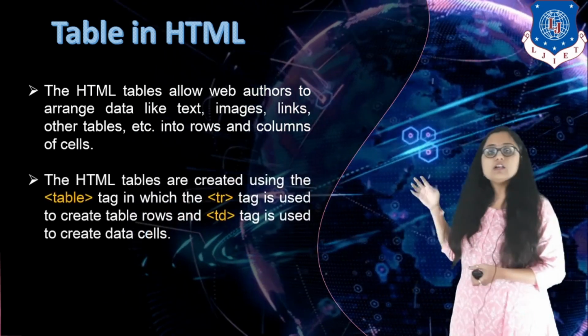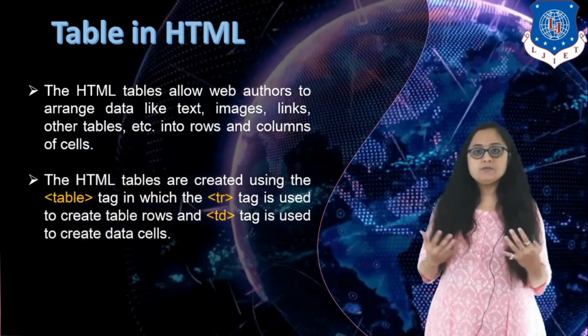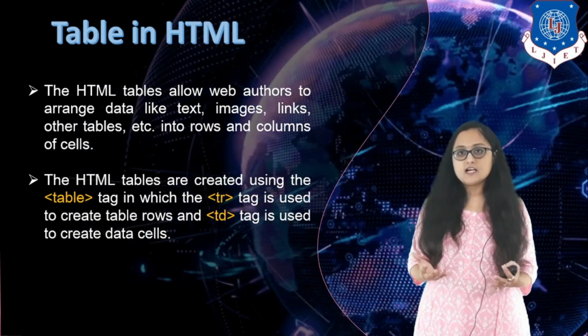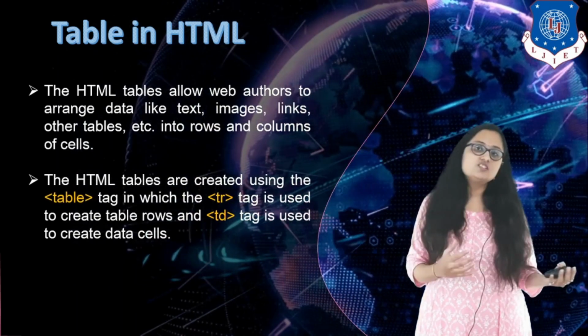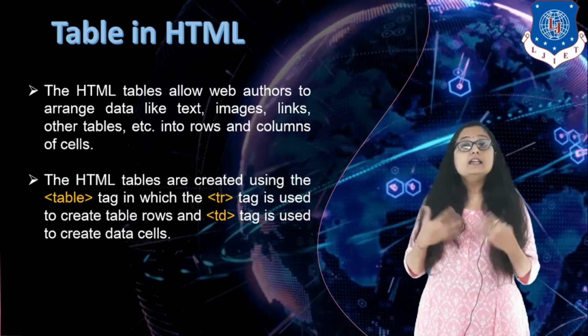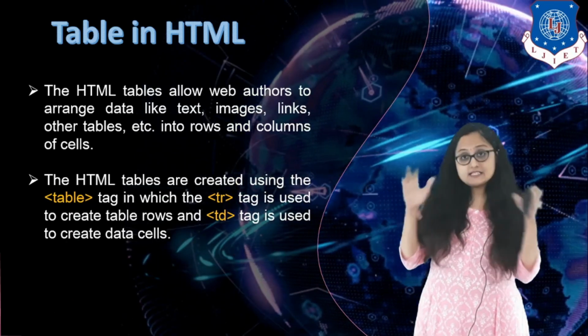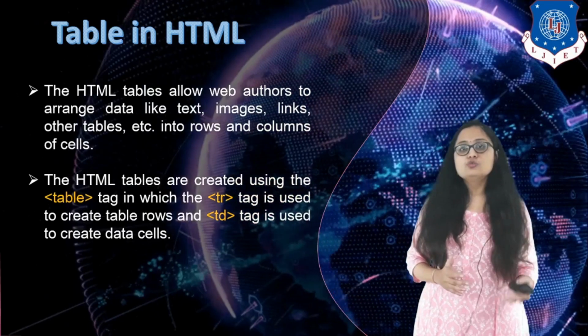Okay, now you may wonder, ma'am, we want to organize this data, that is images, text, links, etc. in the table, that is in rows and columns format, but how to do so?